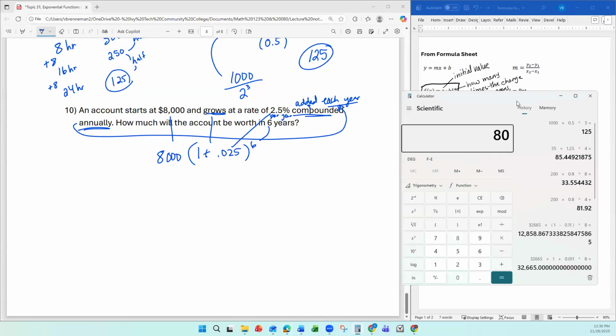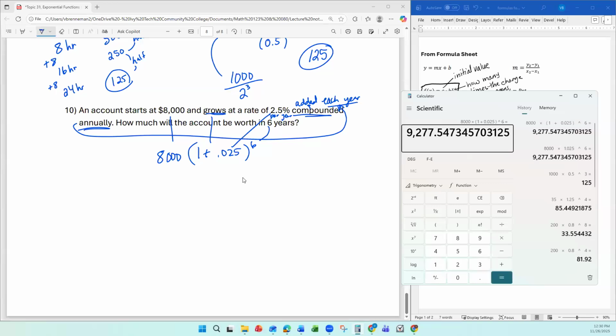So 8,000 times 1.025 to the 6th power, or 8,000 times parentheses 1 plus 0.025 close parentheses to the 6th power, 9277.5473, etc. We'll round this. It doesn't say, but since it's money, we'll round to the nearest cent if not otherwise specified. 9,277.55.